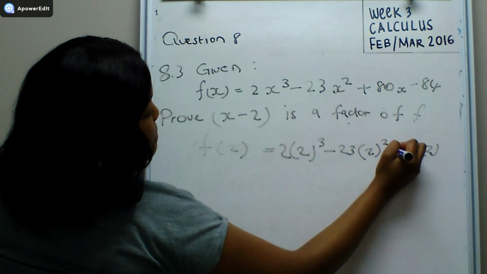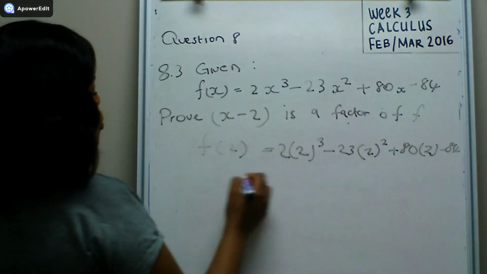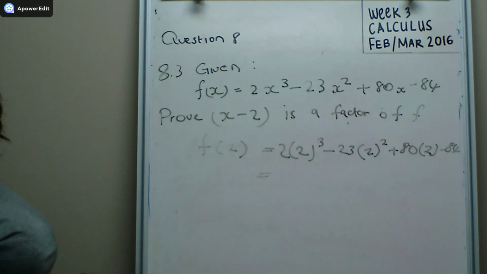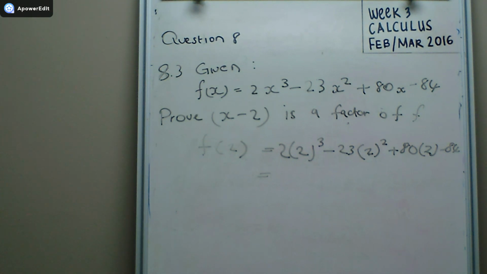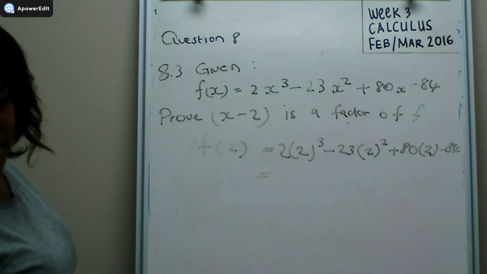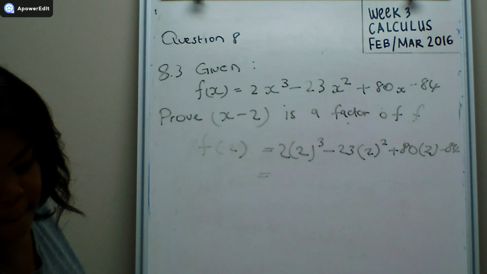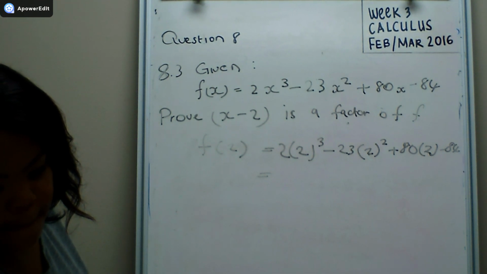You get that x is equal to 2, and you substitute that 2 into the original equation of f. So that's what I'm doing right now: where there's x, you put 2. So it's 2 times 2 cubed minus 2 times 2 squared plus 80 times 2. Okay, I'm sorry that you guys can't see that, but it's actually minus 84.